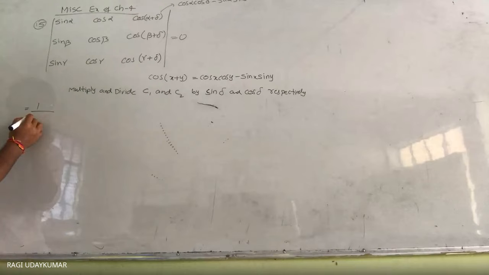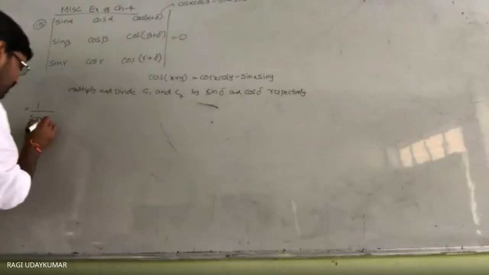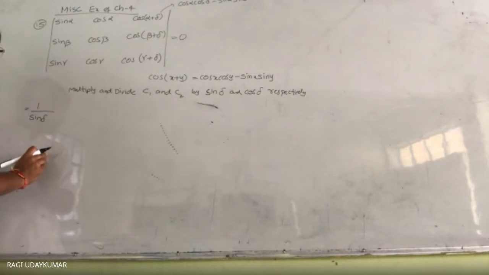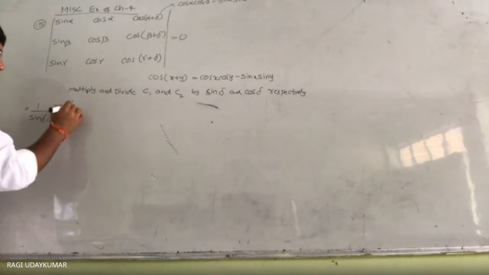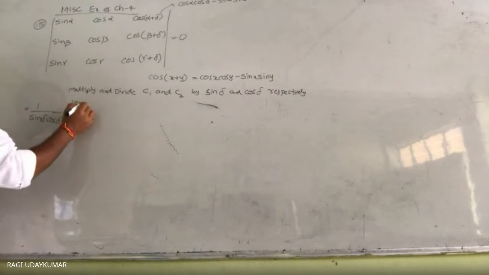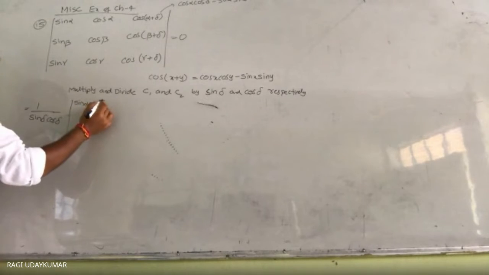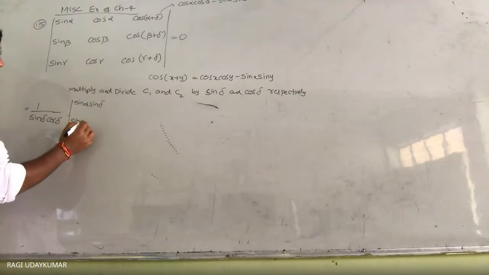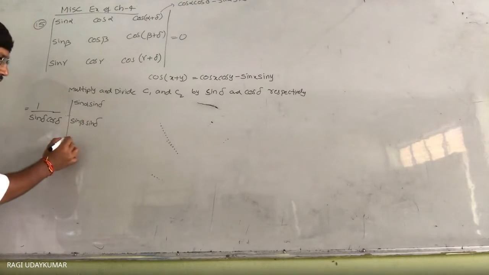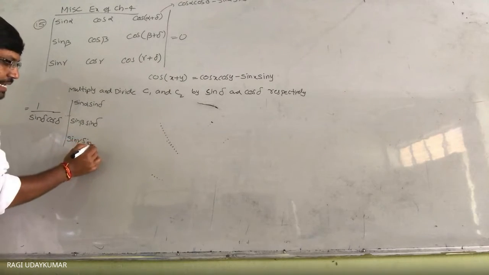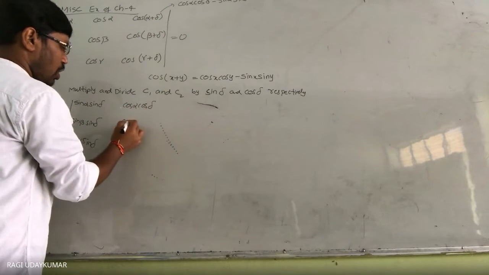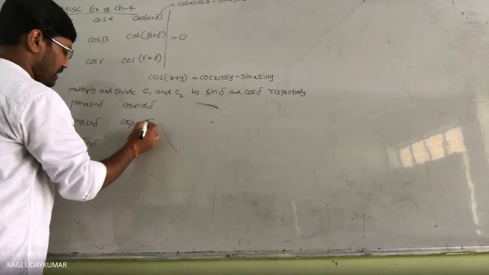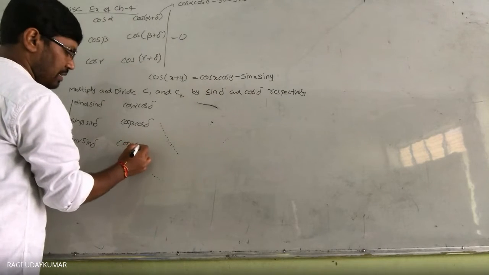When we are multiplying, we are dividing by what we multiply: sin delta and cos delta. So now here we are going to get sin alpha sin delta, sin beta sin delta, sin gamma sin delta, cos alpha cos delta, cos beta cos delta, cos gamma cos delta.